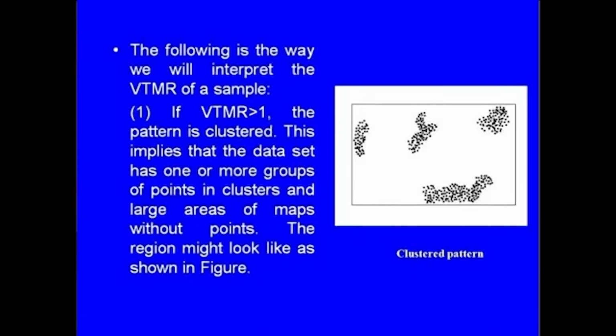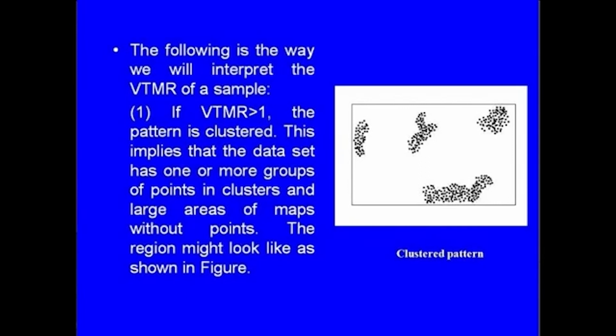The first criterion is, if VTMR is greater than 1, it may be concluded that the pattern is clustered. This implies that the data set has one or more groups of points in clusters and large areas of the map without points.